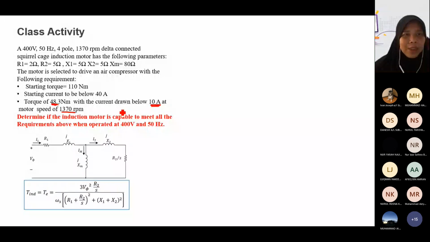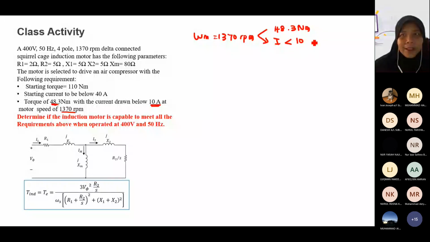So at motor speed equal to 1370 RPM, we must have the torque of 48.3 Newton meter and I must be below 10 ampere. So we want to calculate whether this induction motor meets this requirement or not.